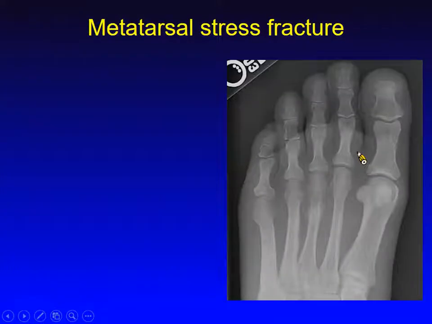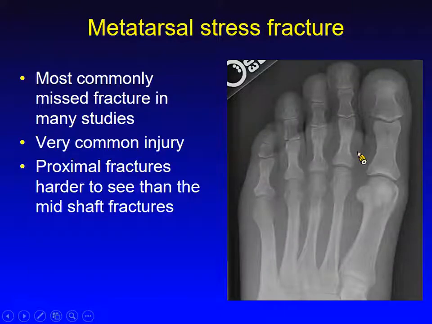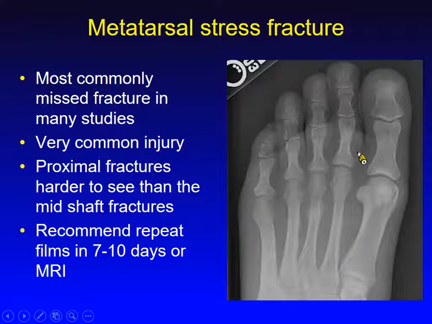Now, if you see a fracture typically in the mid portion, that's pretty easy to see. Again, it's those fractures in the metacarpals and the metatarsals near the joint that are going to be the most hard to see. And so typically, if there's pain and I don't see a fracture there, I'll just recommend repeat films in 7 days, or an MR if they're very, very concerned.